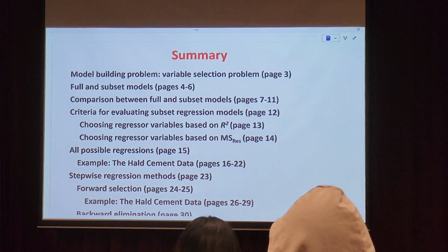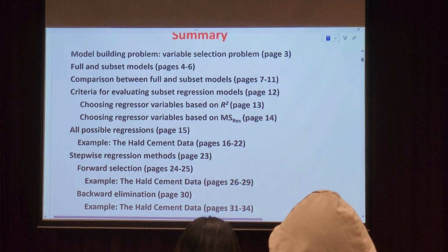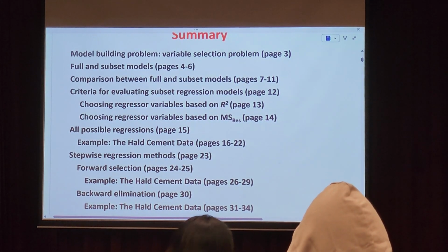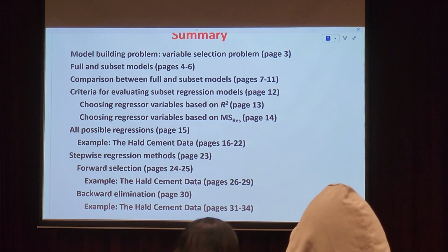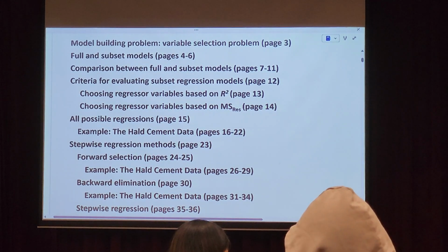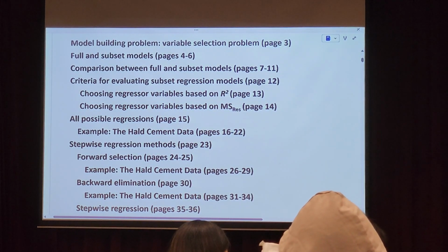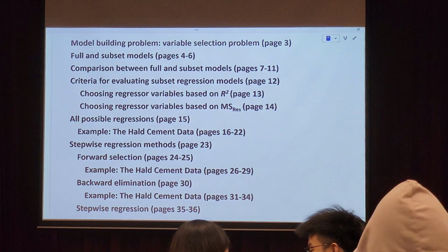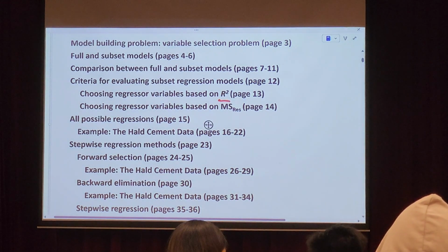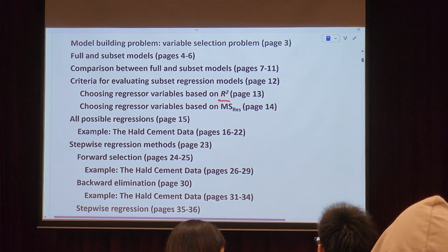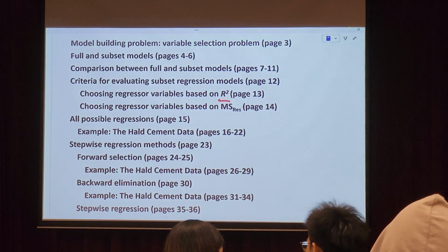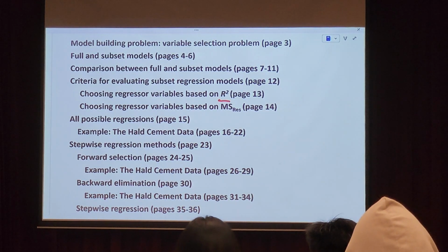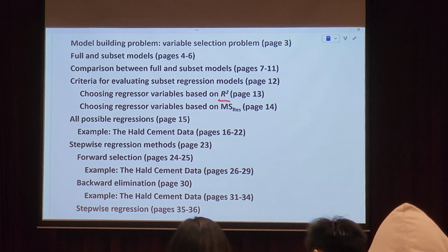So today I'm going to talk about how we can choose a subset of the regressors. There are two approaches, but they are completely related. One is based on R squared. R squared measures the proportion of variation in Y that is explained by your regression model.